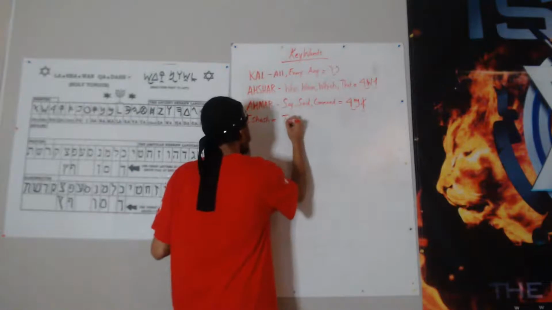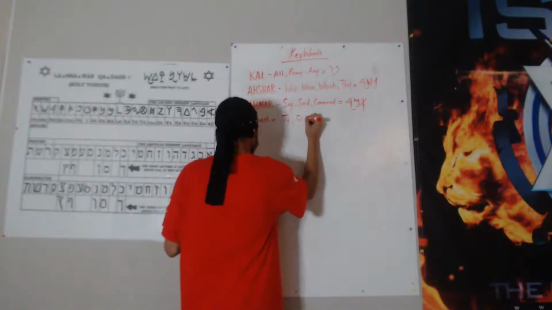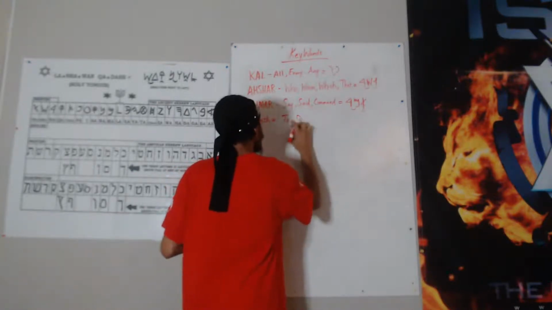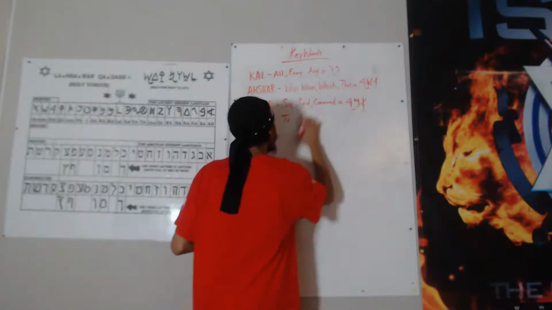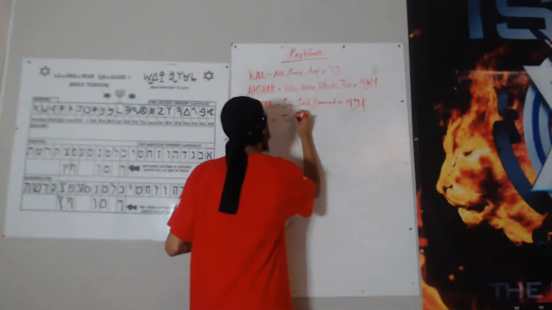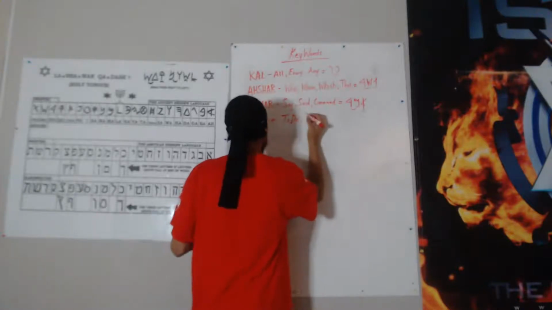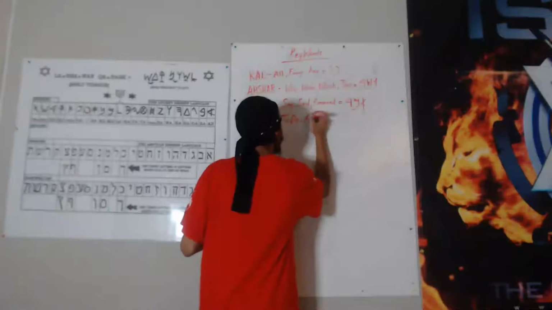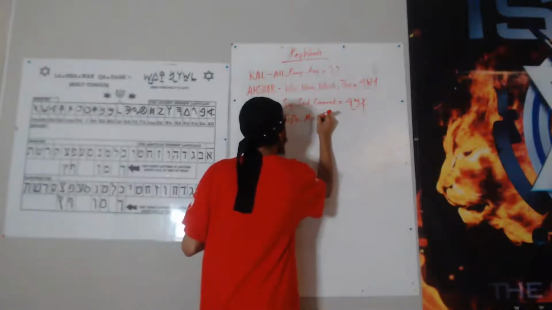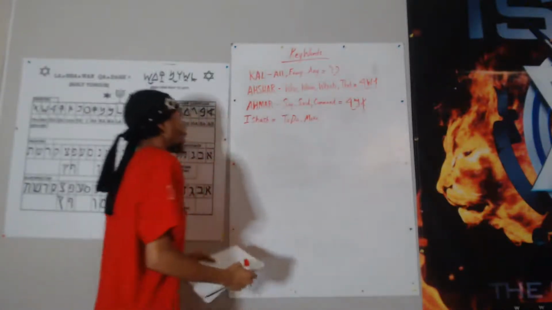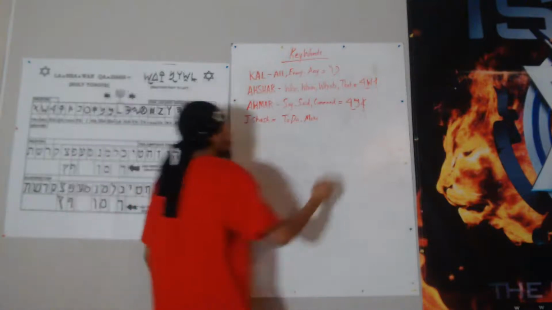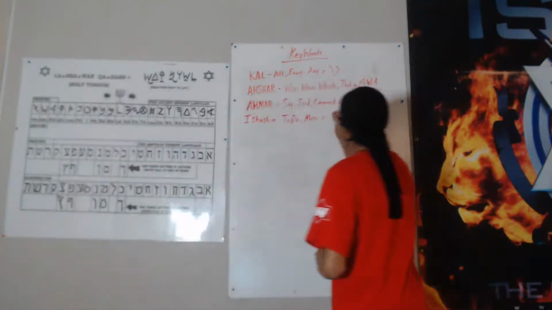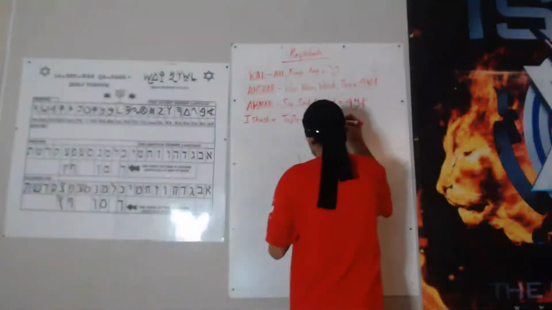It means to do, or make. That's what it is. I.S.U.P.K. Okay? This is how you write it out in Paleo Hebrew.